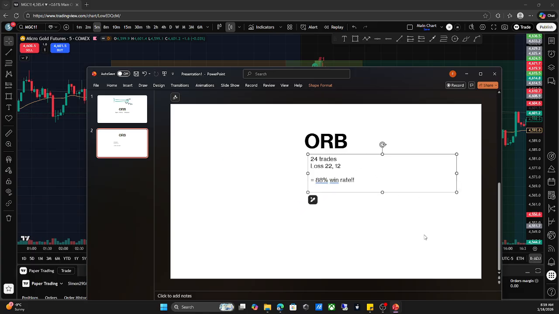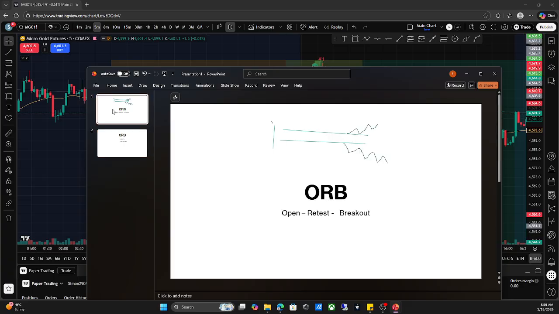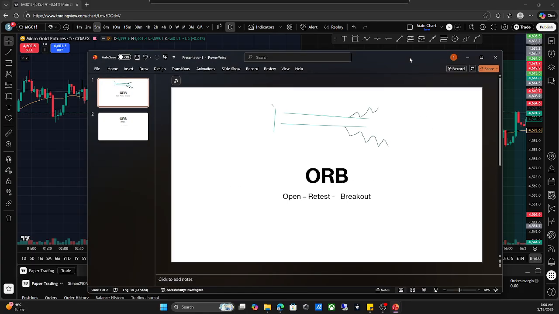That's quite something. So like I was saying, this strategy was dropping some juice, and I've shown you how it works, and it seems to be working fine. Once again, just a little recap. So this is ORB, open range breakout.